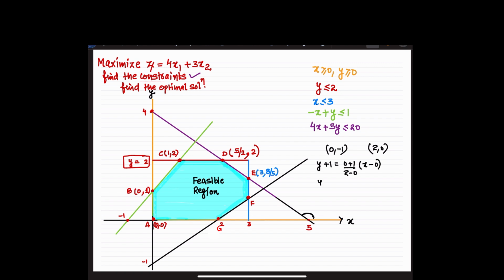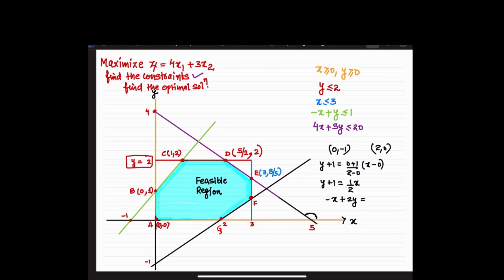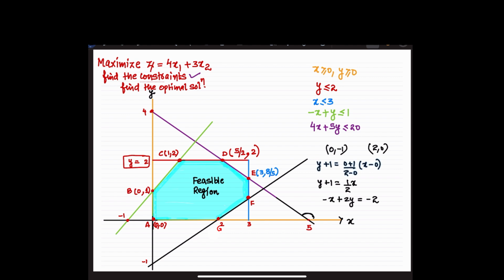So y plus 1 is equals to half into x. So the equation becomes minus x plus 2y is equals to minus 2. So this is the equation of the line.